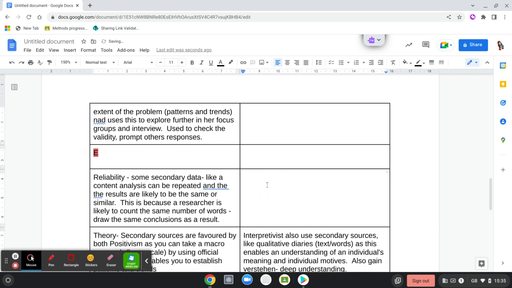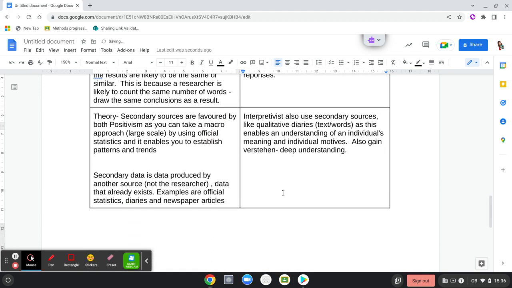You could say, however, qualitative secondary data does not have the benefit of being easily repeated to get the same responses in future.